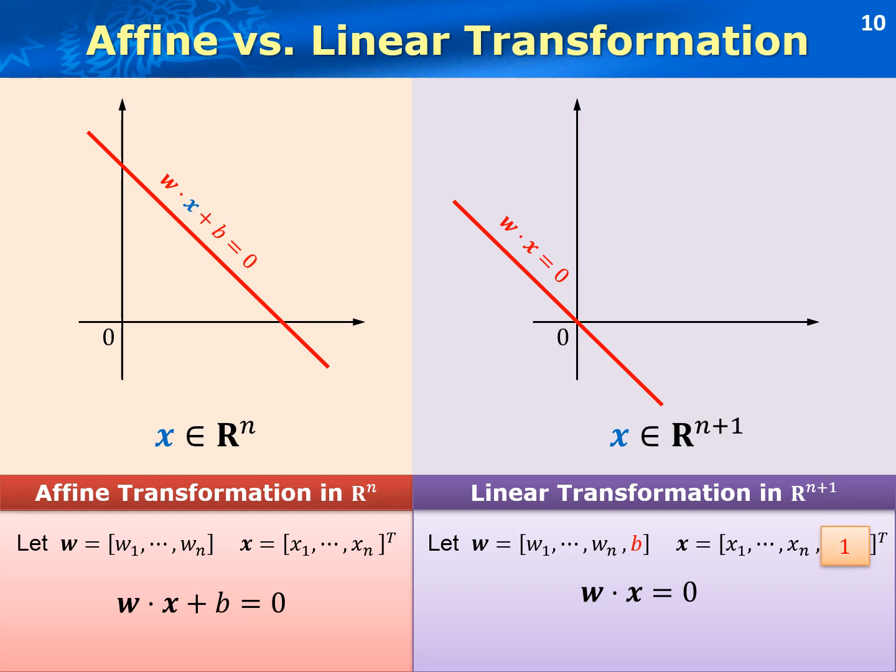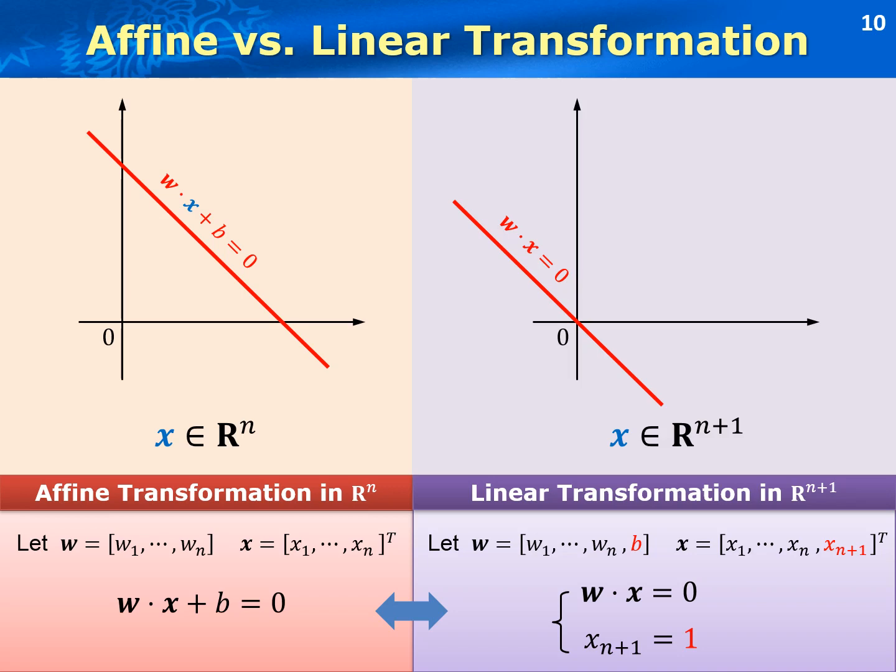We now replace this one element with another variable, xn plus 1, and we let xn plus 1 equals 1. This equation denotes a plane, and w times x equals 0 denotes another plane. We notice that the intersection of these two planes in n plus 1 dimension is exactly the line in n dimension.